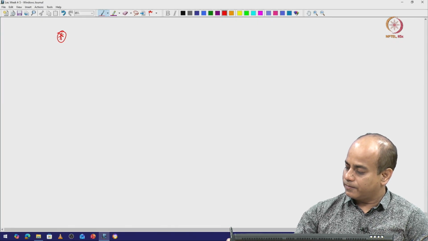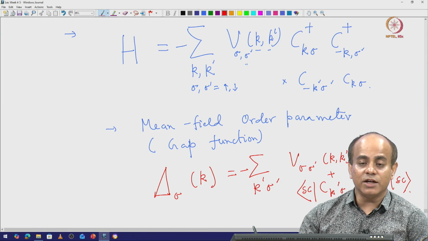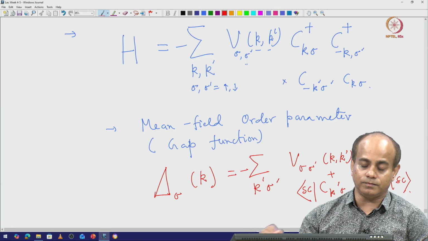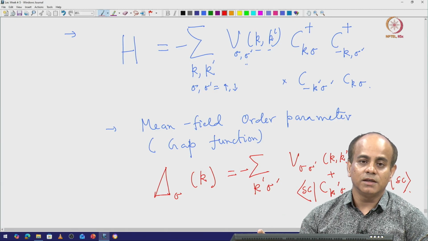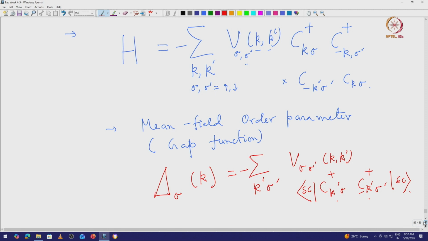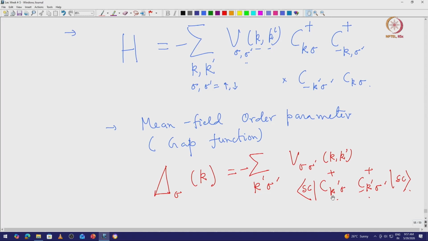At least the way I have written it, I have not put any orbital indices for this discussion. I do not need the orbital index, but in principle you can also have it. Without the orbital we still have two quantum numbers here. One is k, so I can have the spin be the same and there are different k values.